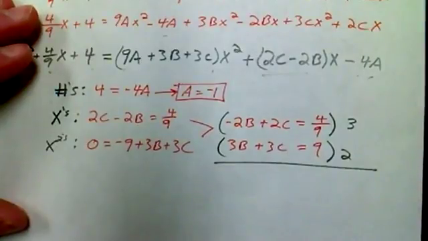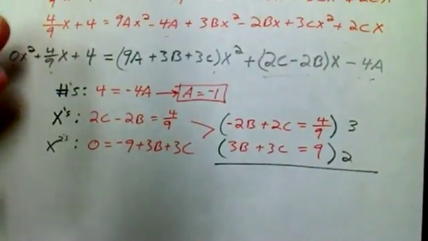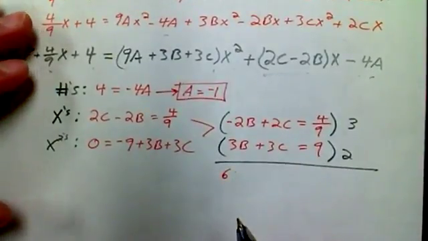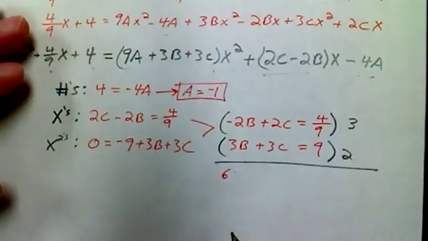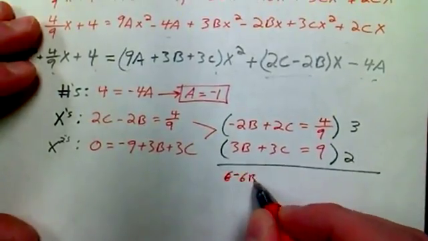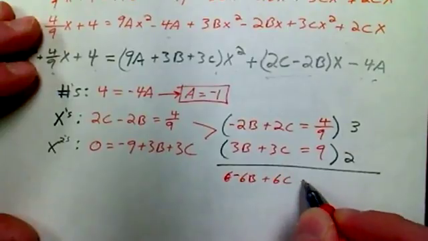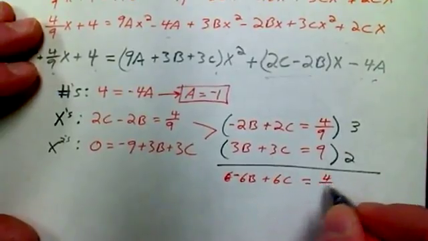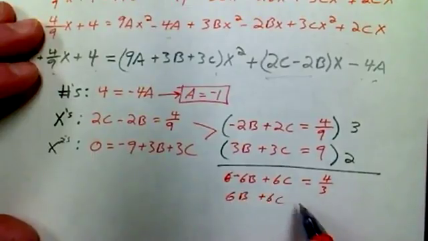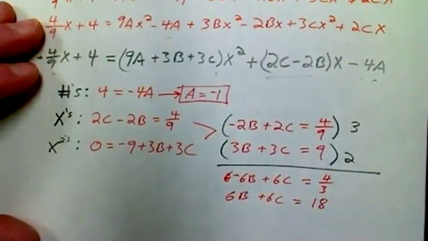So you go through, you do that, and this would give you negative 6b plus 6c is equal to 4/3, and 6b plus 6c equals 18.